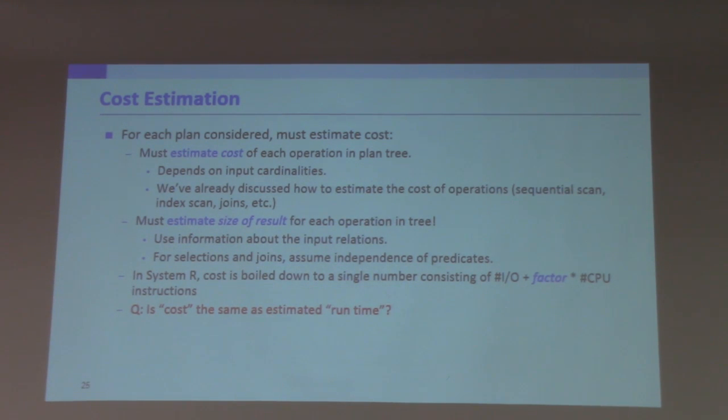But query size estimation essentially boils down to the concept we introduced earlier, which is selectivity estimation. If you can do selectivity estimation, you should be able to estimate the size of your operator.